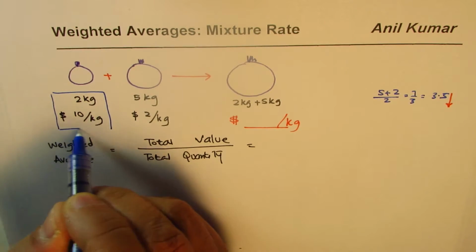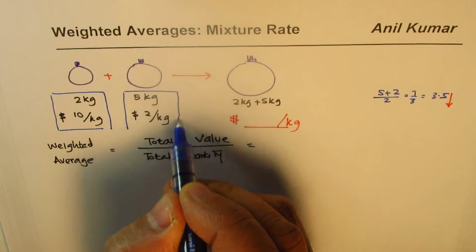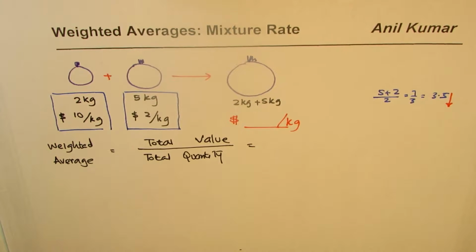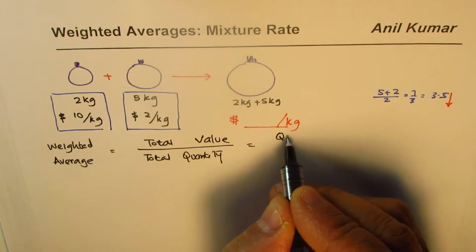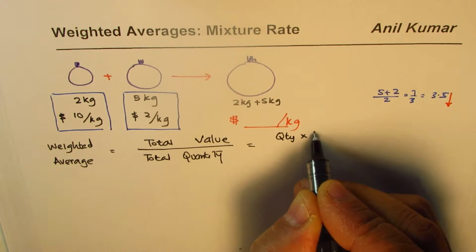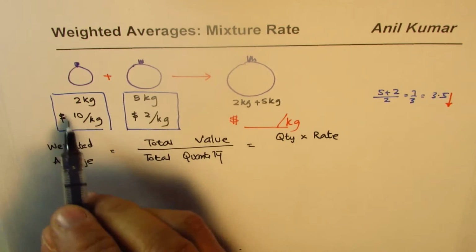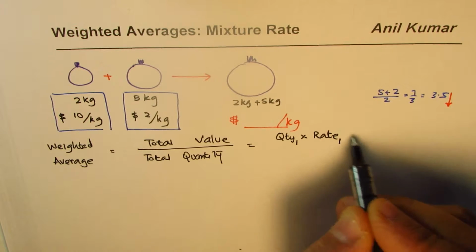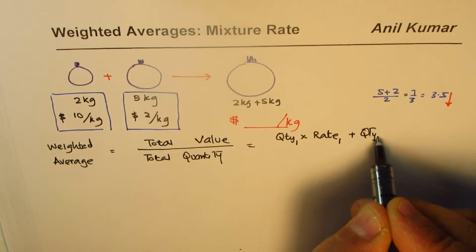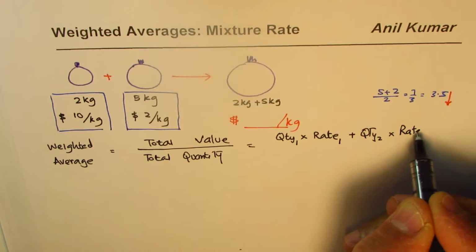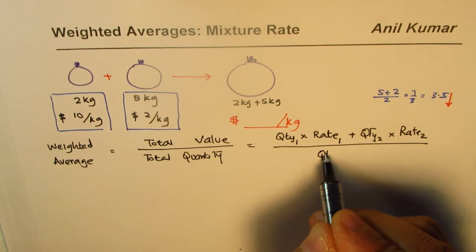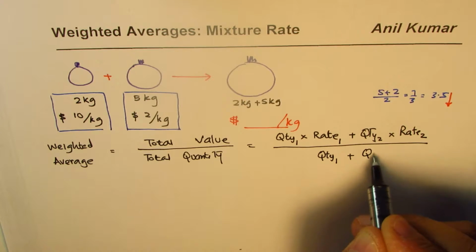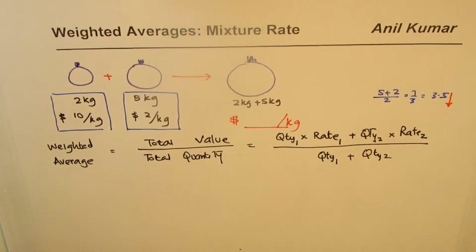So we can write down total value as quantity times rate. So quantity of item number 1 times rate of item number 1 plus quantity of item number 2 times rate of item number 2, divided by total quantity, that is quantity of 1 plus quantity of 2. Does it make sense? So that is how we find weighted average.